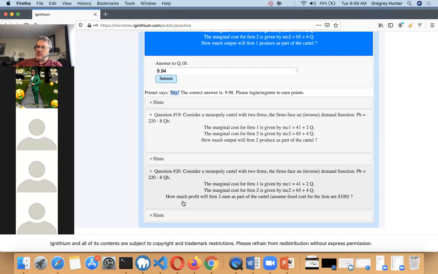We have to do the profit, which is equal to the total revenue minus the total cost. Now, through all of this, we never calculated what price will be charged. We know they're producing 9.94 units, and we would put that into the demand equation, and that would give us the price.